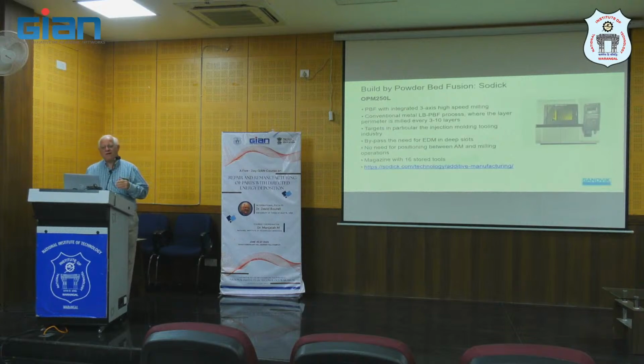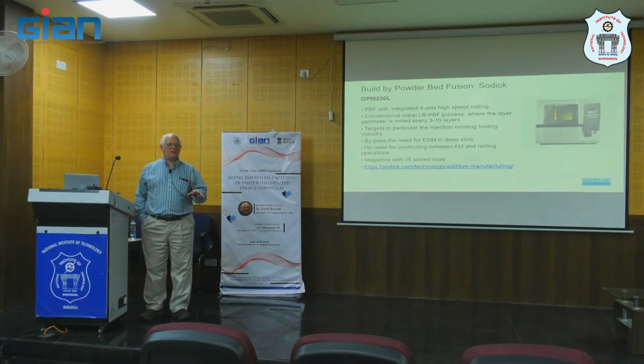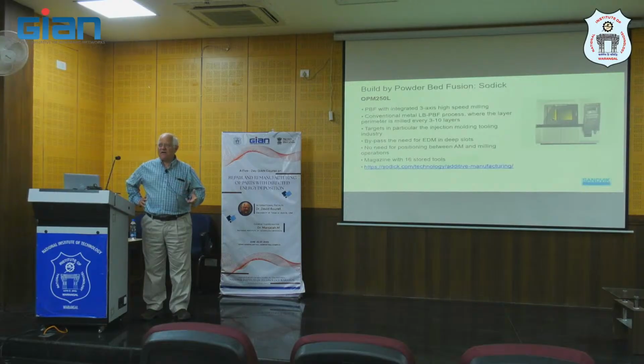By the way, if you think about polymer processing, the tooling doesn't have to be nearly as tough and strong as is the case for molds or tooling for metal forming, right?